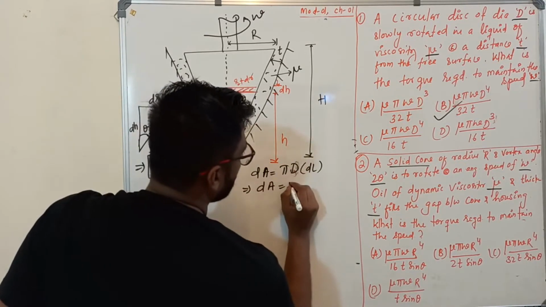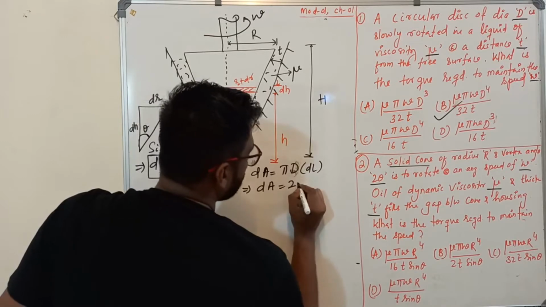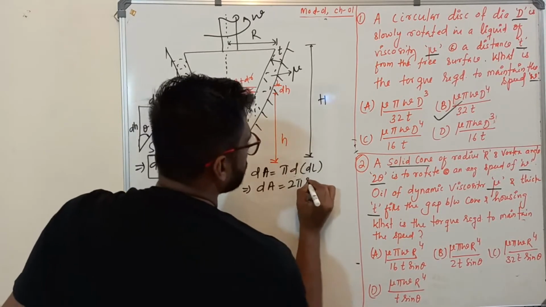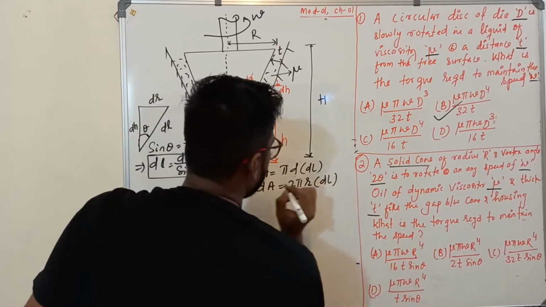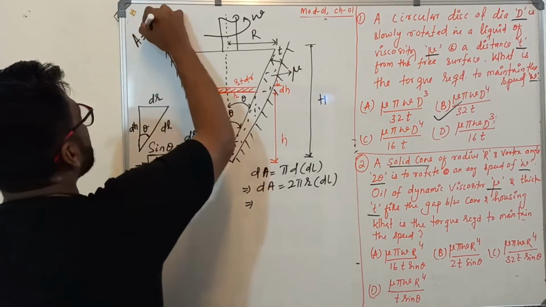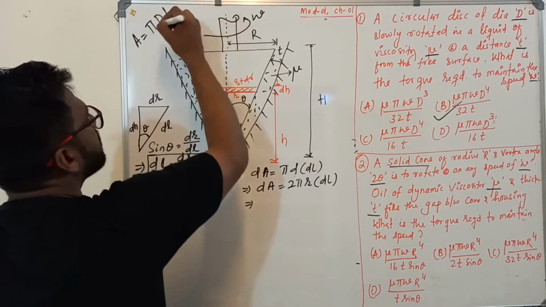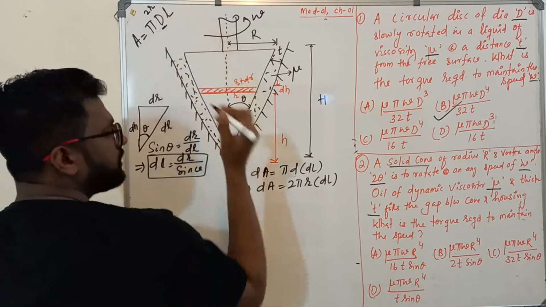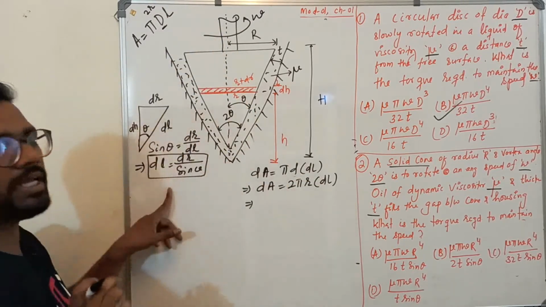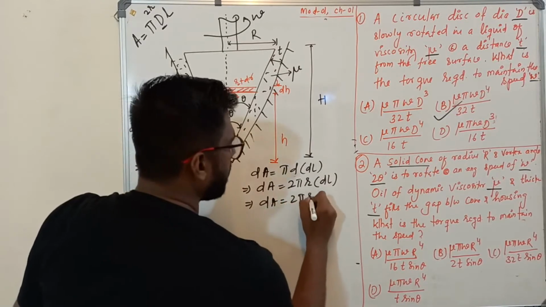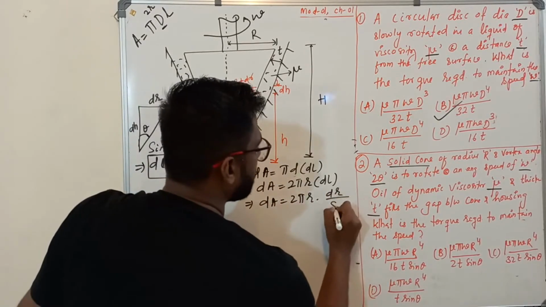D equals 2r, so dA is 2 pi r into dl. Here diameter is 2 into small r, and the length is dl, where dl is equal to dr by sine theta. This is the only difference here. So dA is 2 pi r into dr by sine theta.